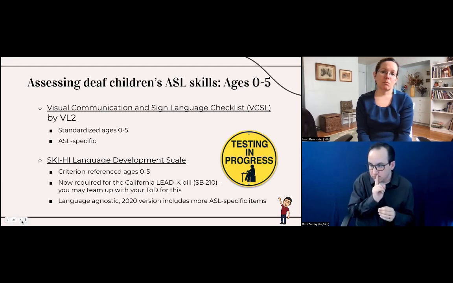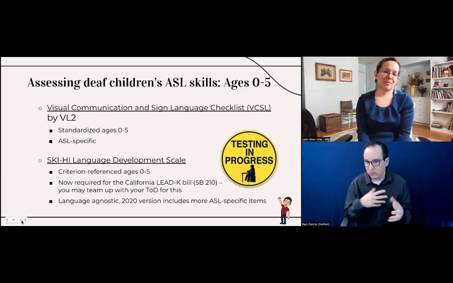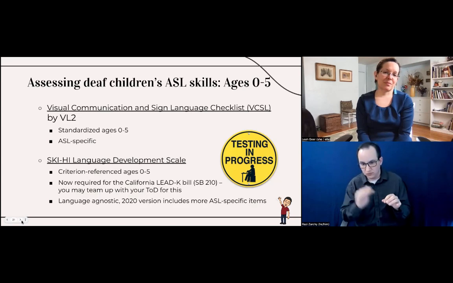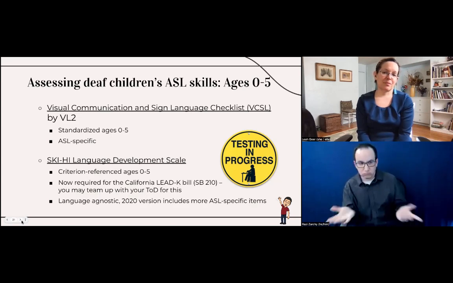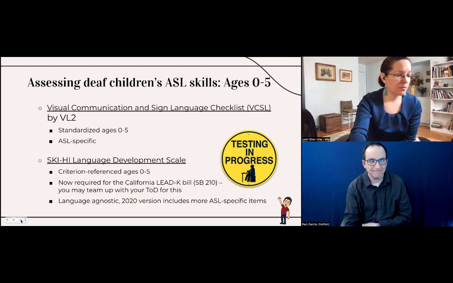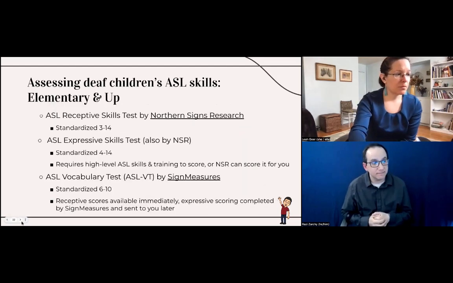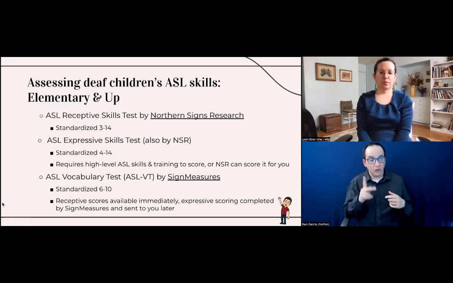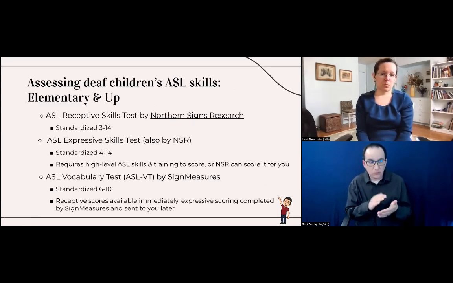It doesn't specifically say which language they're talking about, but it can apply to either language the child has been exposed to. So preschool, elementary, and up, there are some more options you can choose from.